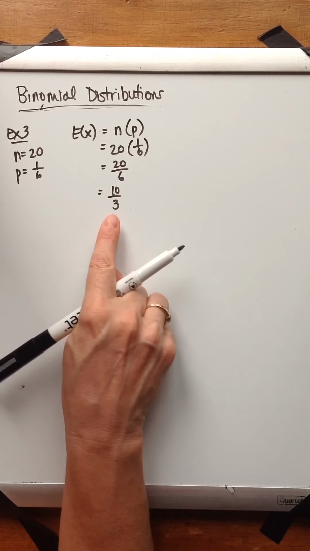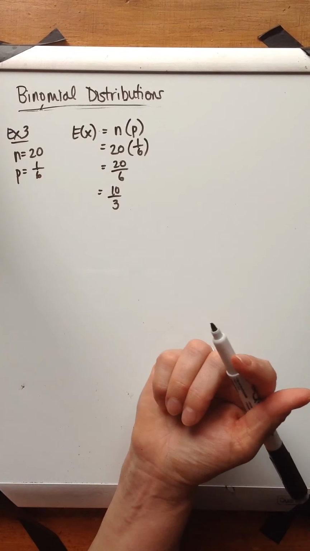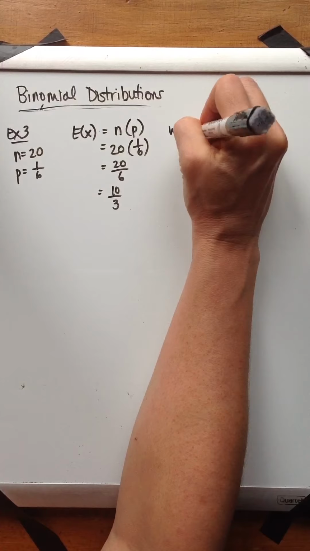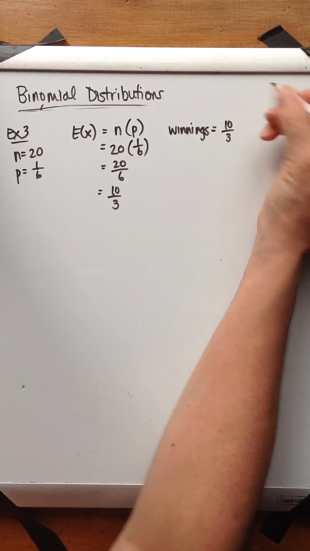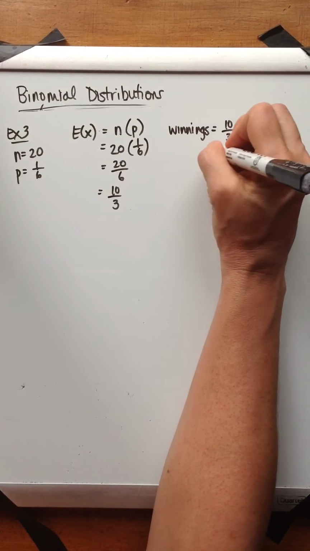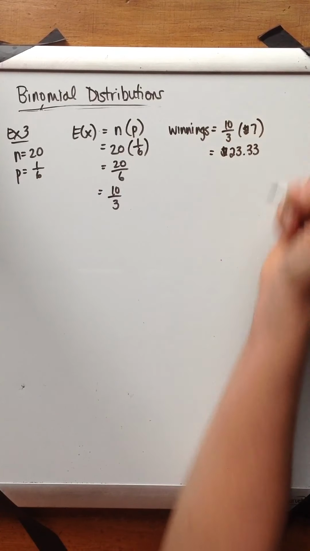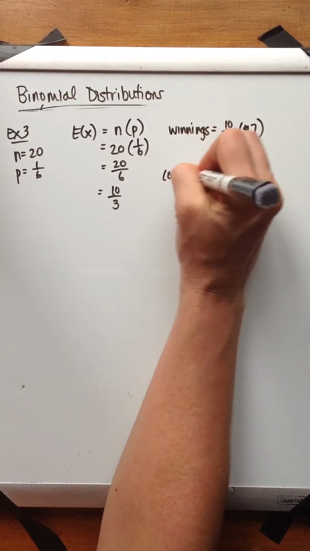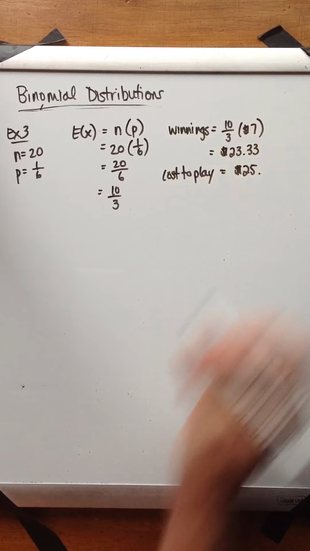If we put, of getting that roll of 7, okay, with 20 different trials, let's figure what the winnings would be in that scenario. So our winnings are equal to 10 over 3 times $7 every time that happens. So that comes out to $23.33. But your cost to play the game was $25.